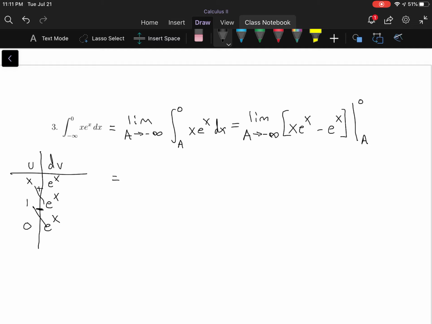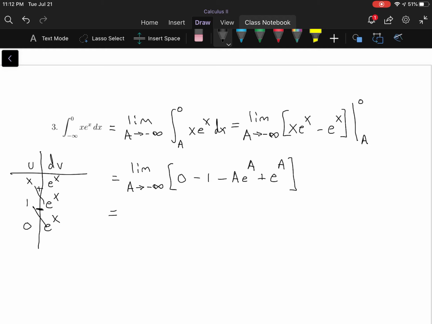So when we evaluate, we have the limit as a goes to negative infinity. And at 0, x e to the x is 0, minus e to the 0 is 1, minus a e to the a, minus, but this is going to be negated and become a plus, e to the a. And so let's distribute the limit notation.